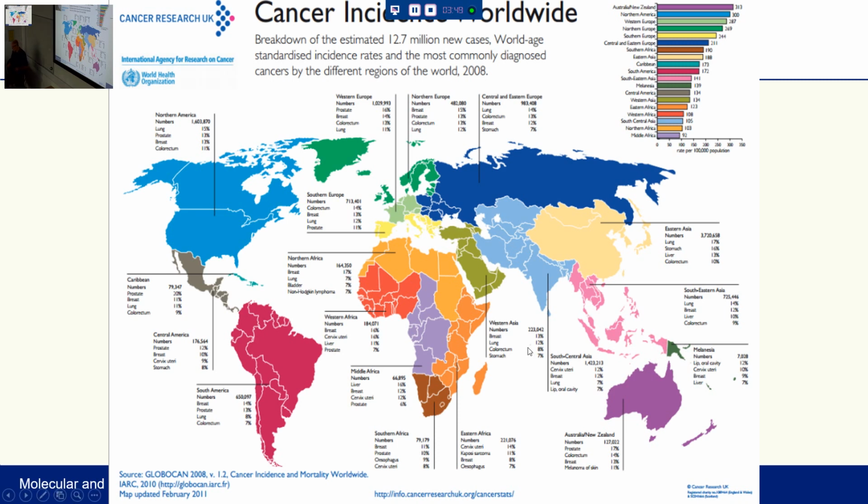But in fact, oral cancer is the most common cancer in males of any cancer in that part of the world. So a lot of the variation across the world relates to variation in etiological factors. It's actually quite high in some cases in Australia, but that's dominated by the fact that most of them are lip cancers due to sun exposure.